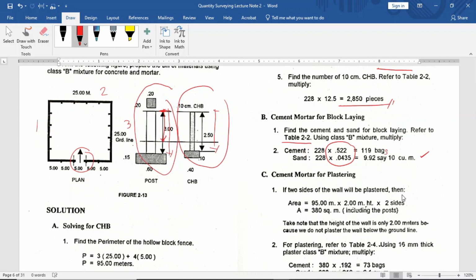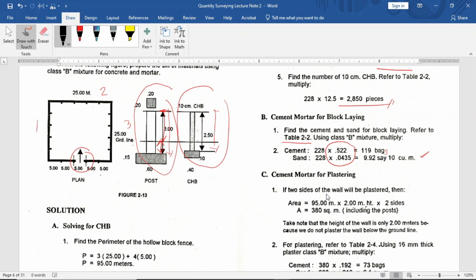Hindi na natin ipa-plaster yung hindi na natin makita, which is yung sa foundation line. Parang pag pinlaster mo yan, tapos tatakpan mo, gastos ka lang. So, area, 95. Bakit 95? Kasi nga, sabi kanina, pag binawasan pa natin nung length ng column, waste of time lang.